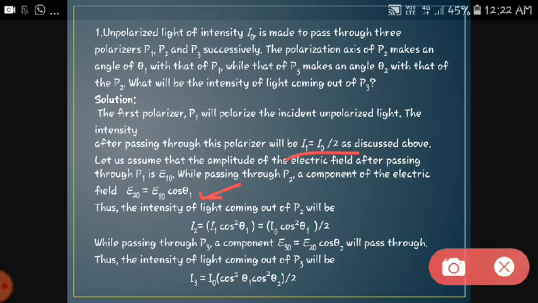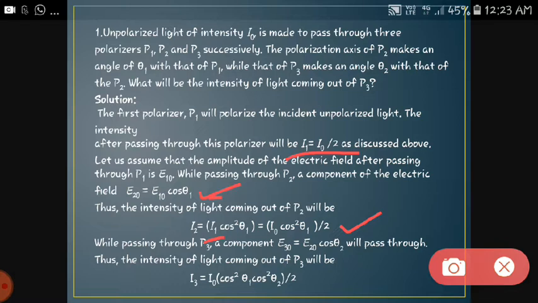By applying cos theta, the intensity coming out of P2 will be I2 is equal to I1 cos square theta 1. But I1 is nothing but I0 by 2, so I2 is I0 by 2 into cos square theta 1. Now the light goes through P2 and comes out of P3.